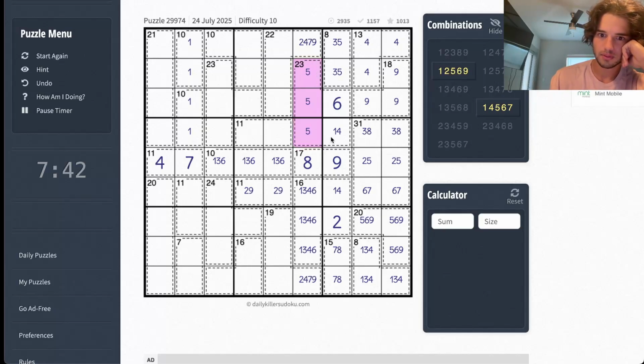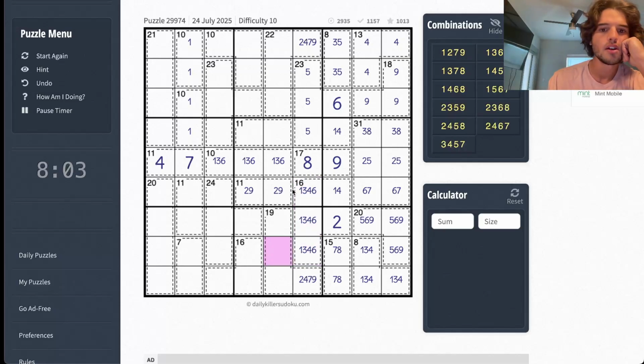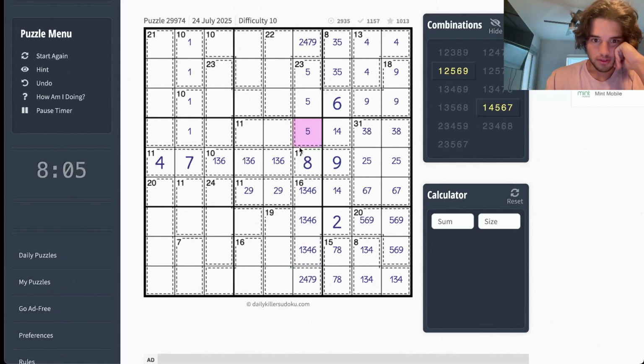And then 1 or 4. Could 4, 5, 7 work? Yes. And then could this be a 4 with a 1, 5, 7? 1, 5, 7 would leave you with a 1, and then yeah, your 4 would go over here. So I'm gonna leave that for now.